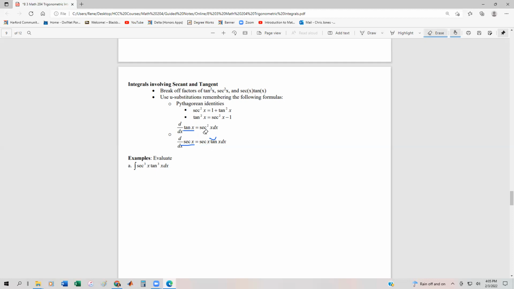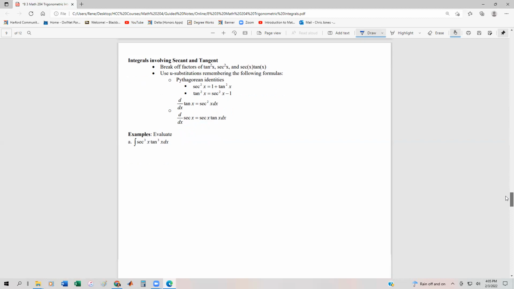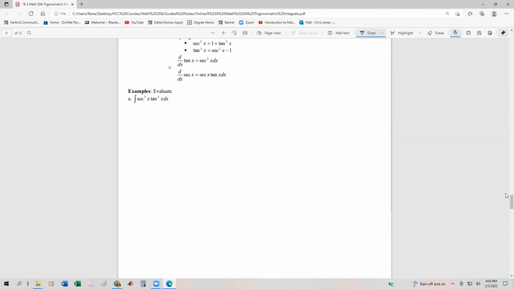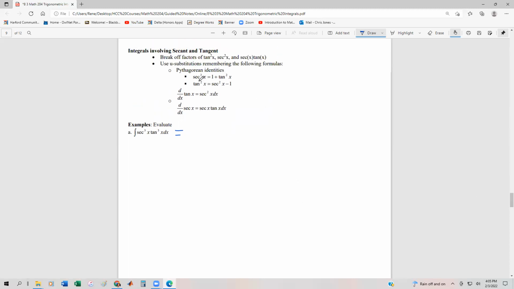Let's take a look at a fairly elementary example of this, and in subsequent videos we'll look at more examples. We have the integral of secant cubed x tangent cubed x dx, and we want to evaluate this. No matter what, we can't start to use the Pythagorean identities unless we have a secant squared or a tangent squared.